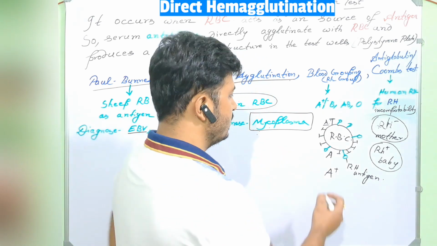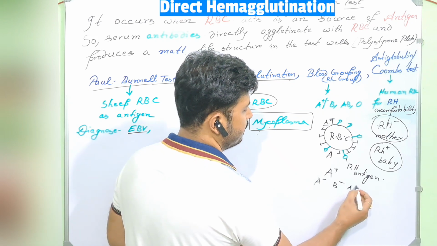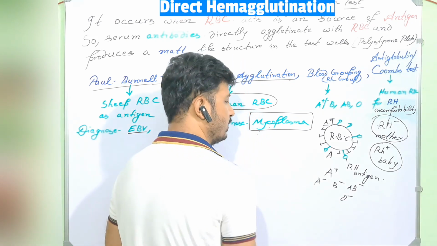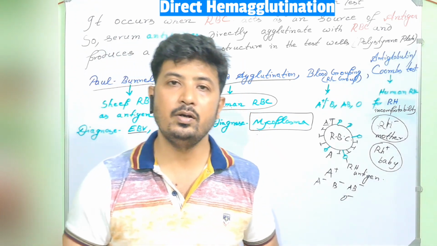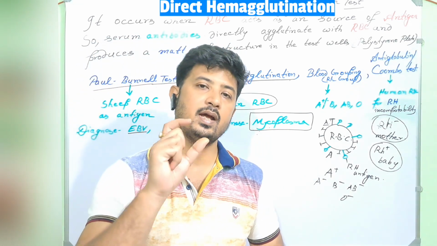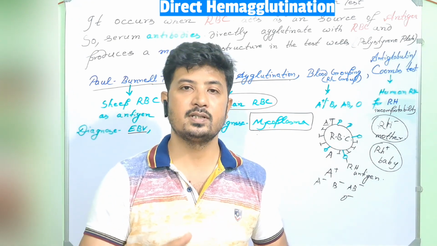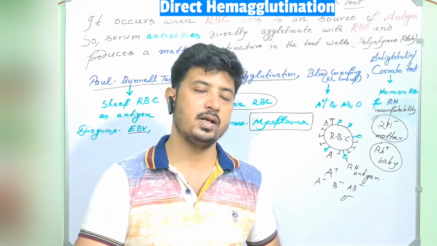He or she may be A negative, B negative, AB negative, or O negative. This kind of factor, or antigen, present on the surface of the RBC was first discovered in the rhesus monkey, that is why it is called Rh antigen.